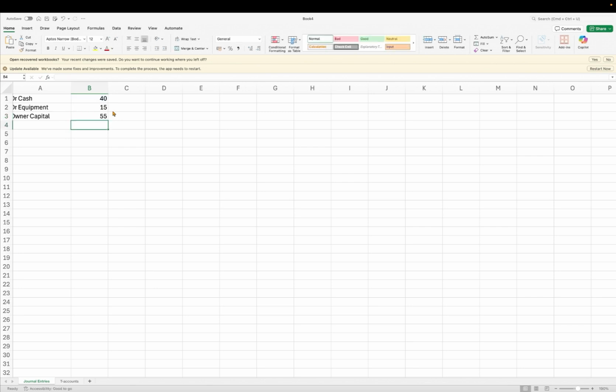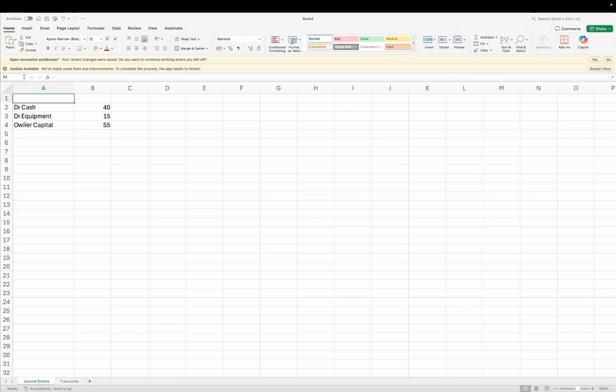Because these assets come from the owner, owner's equity increases by the same total amount. Equity increases with credits, so I credit owner's capital for 55. This keeps the journal entry balanced, because the total debits equal total credits.